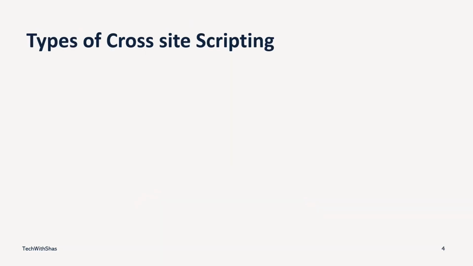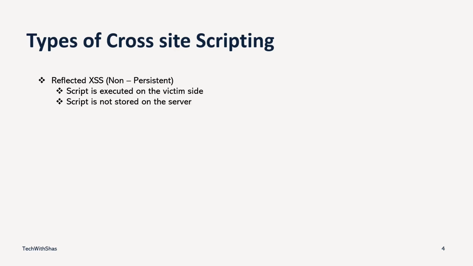So let's also see what the various types of this kind of attack are. The first is reflected cross-site scripting. In this, whatever the attacker does, they do at the client side.